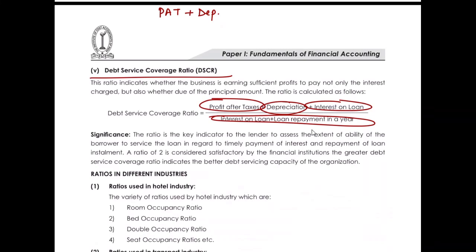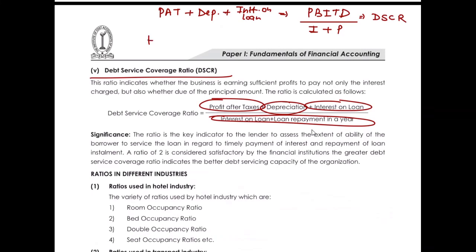Because it is a non-cash expenditure. No cash is going out when we are charging depreciation. And we are adding interest on loan. So basically, it is called profit before interest, tax, and depreciation, PBITD, divided by your interest repayment plus principal repayment. That is called the debt service coverage ratio.